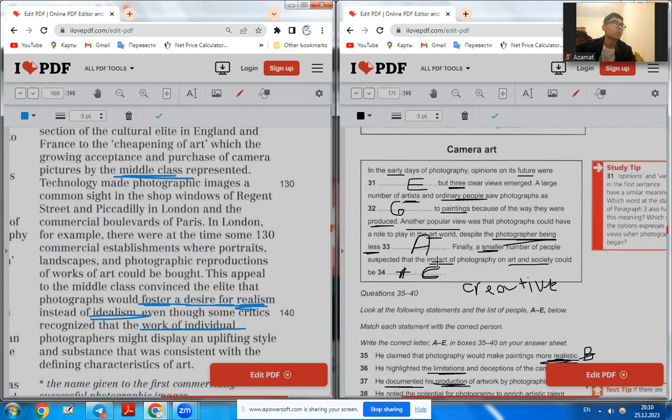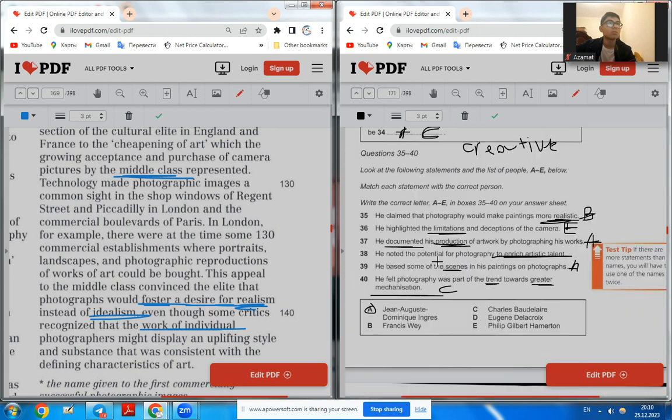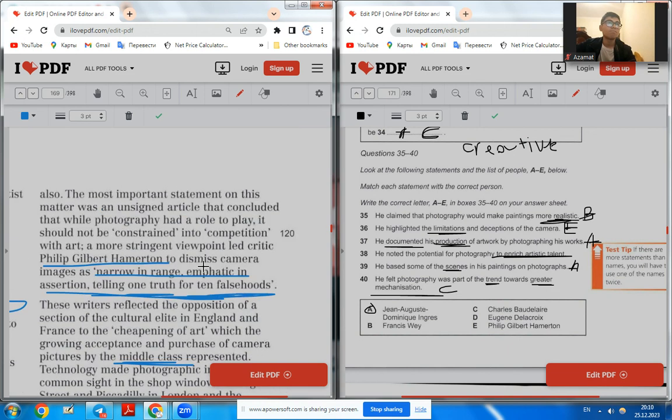Okay, so he noted the potential for photography to enrich artistic talent. Which researcher said that?